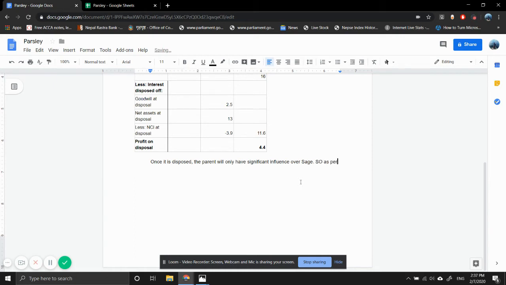So as per IAS 28, investment in associates and joint ventures, it should be accounted for using the equity method.